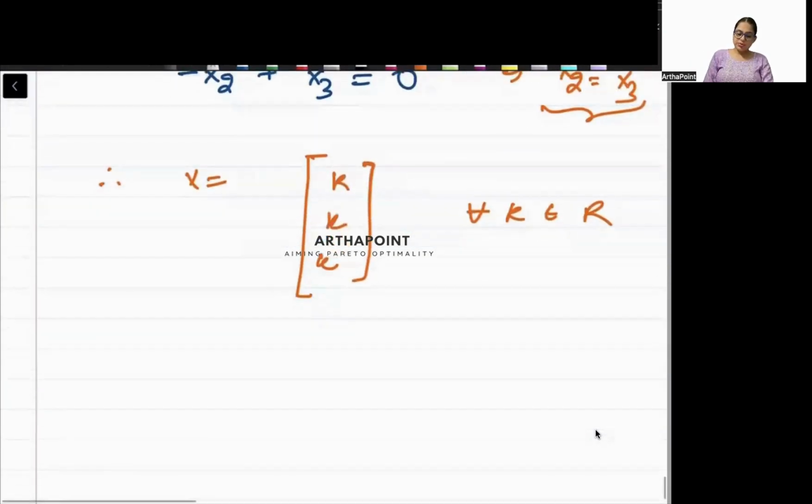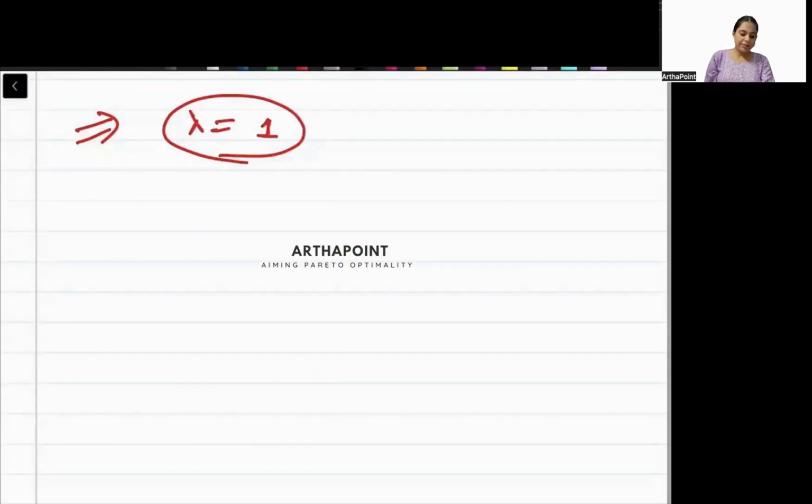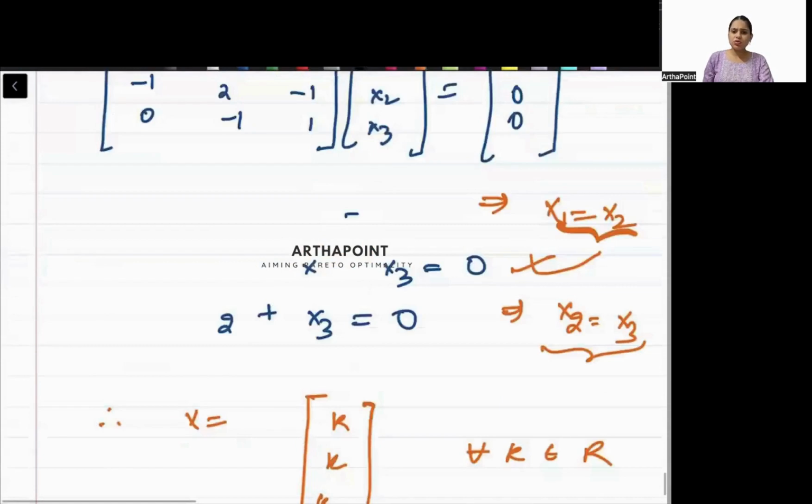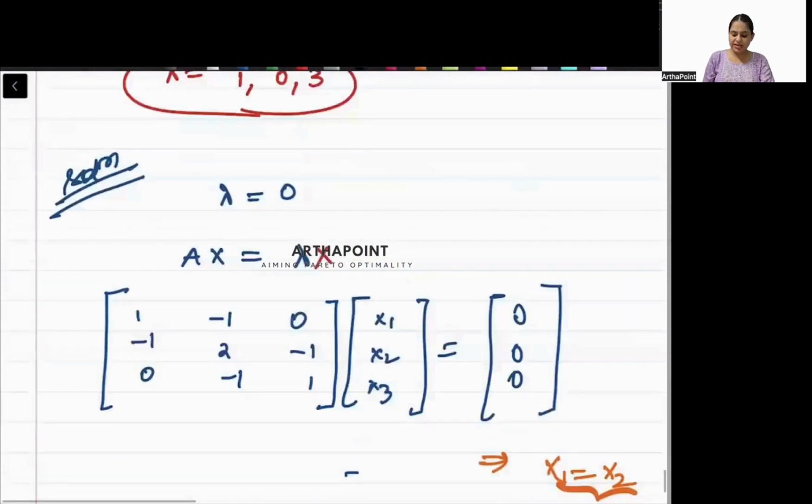Now what you can do is take the second lambda. When lambda is 1, again Ax is equal to lambda x, so A minus lambda I times x has to be 0. This was not required in the previous case, beta, because lambda was 0, so it made no difference. That is why I just wrote 0 there.